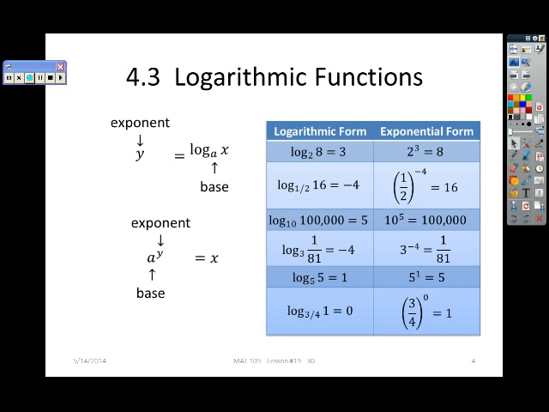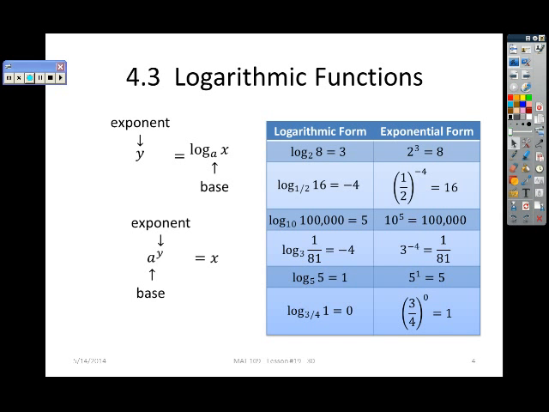Because remember, negative exponent, what it means is flip it over. So this is like taking 2 to the 4th power. And what's 2 to the 4th power? 16. So the logarithm of 16 in base 1/2 is -4. Logarithm of 100,000 in base 10 is 5. And so forth.